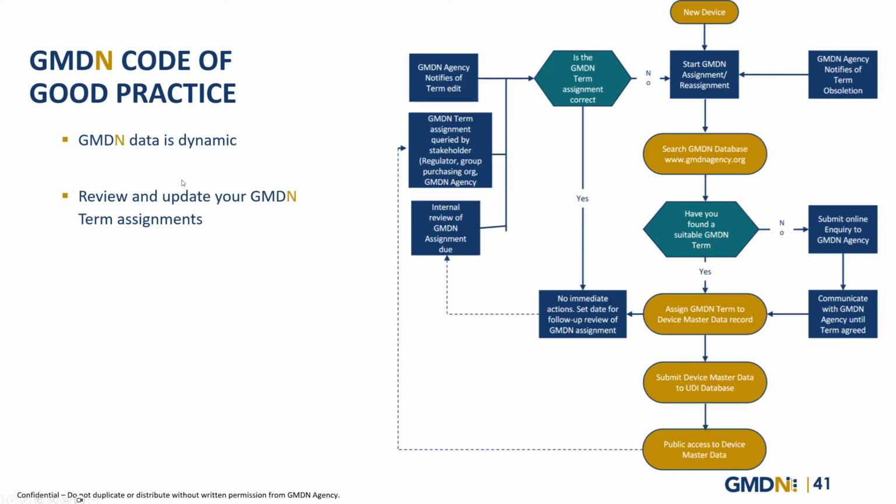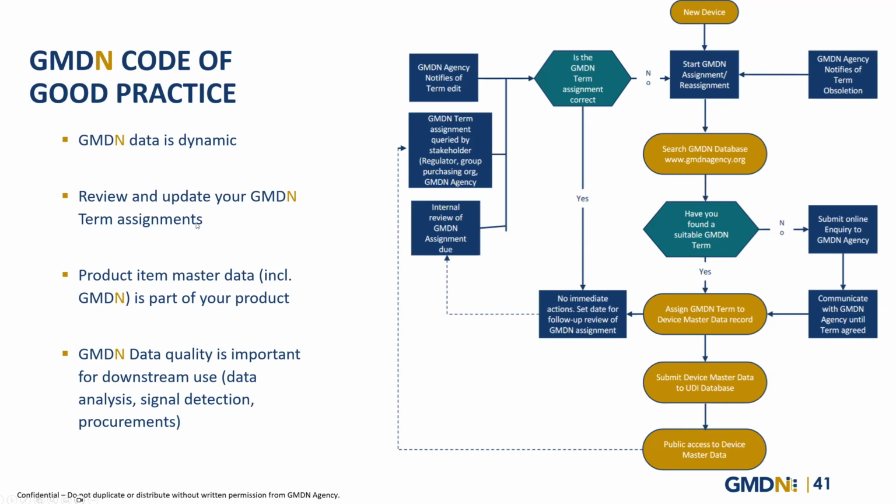As I mentioned, we suggest you review and update your GMDN term assignments at regular intervals. We believe that your GMDN term assignment is a part of your product, along with the other product item master data, such as the UDI, DI number, for example. So we believe that this is a part of your product.